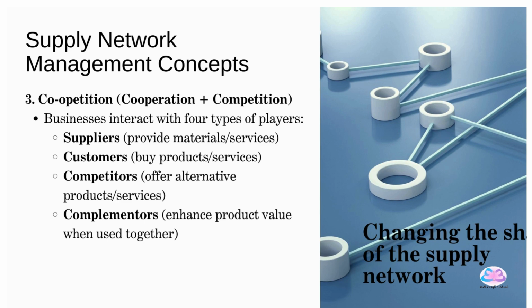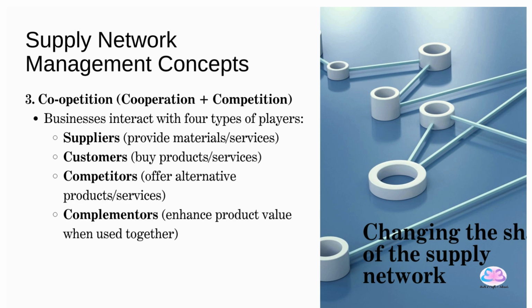Strong supplier relationships lead to better quality and reliability. Next is customers. They buy the products or services. Understanding customer needs and preferences helps businesses improve their offerings. Third is competitors.